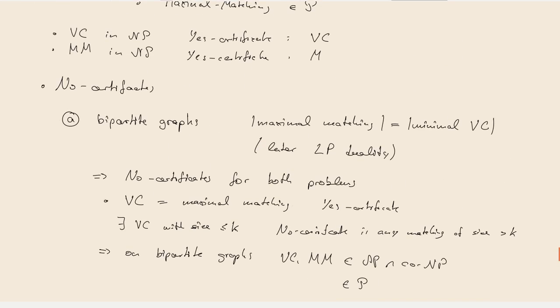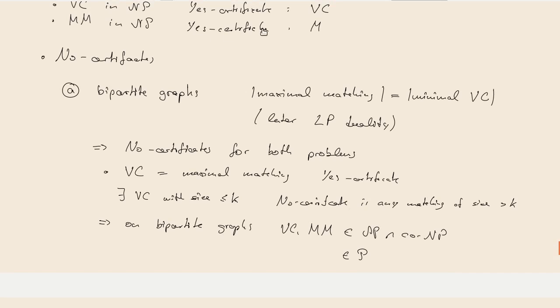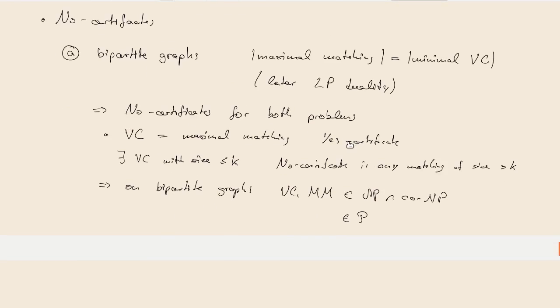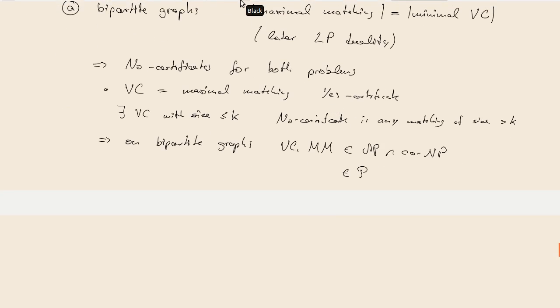Now, I claimed that the maximal matching problem is actually in P because there's an algorithm for it in the general case. Why does that not contradict that vertex cover is NP complete?